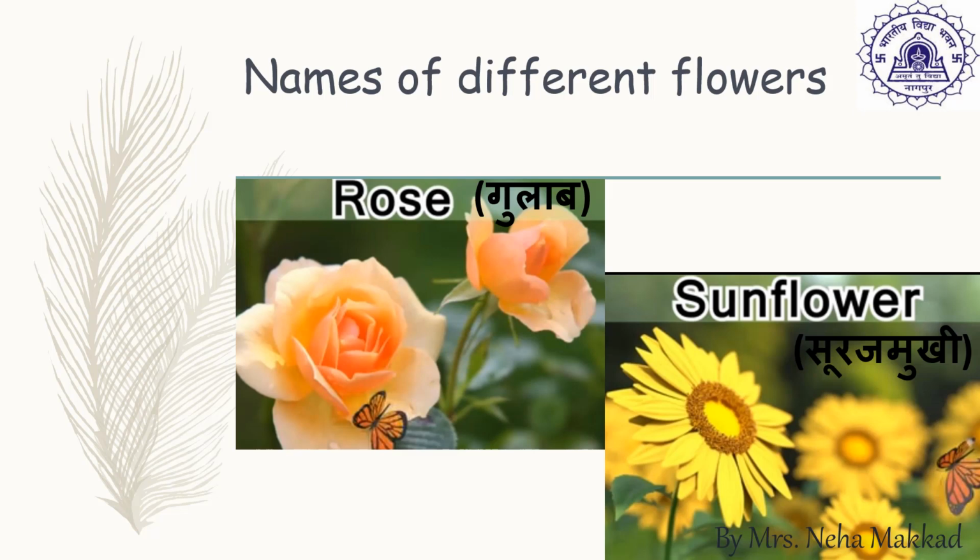The second flower that we are going to study is the sunflower. The sunflower is yellow in color. It is bright and the name is given because it is said to follow the movements of the sun. The Hindi name of rose is gulab and the Hindi name of sunflower is surajmukhi.